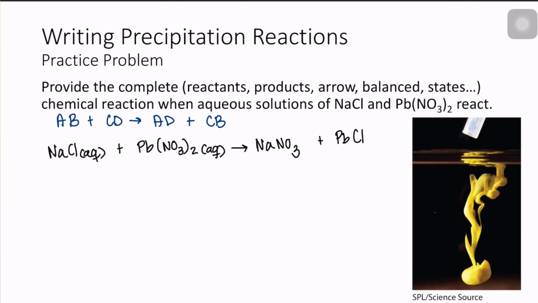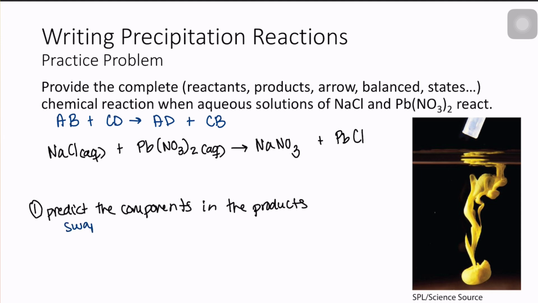So this is the first step. You want to predict the components in the products. What that really means is swap the cations and then just put them with the partners.